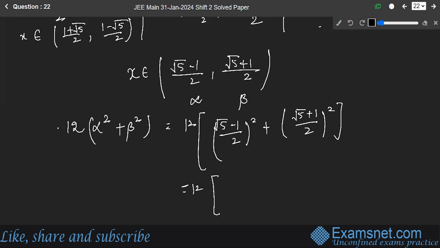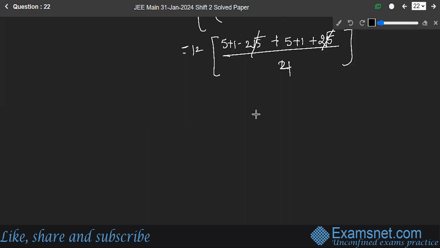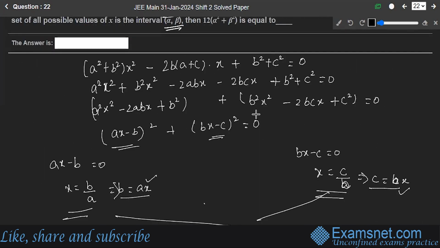This will be 5 plus 1 minus 2 root 5, with 4 in the denominator, and 5 plus 1 plus 2 root 5. And these two terms will cancel out. You will have 12 into 3, which is equal to 36. So this is the answer to the question: 36.